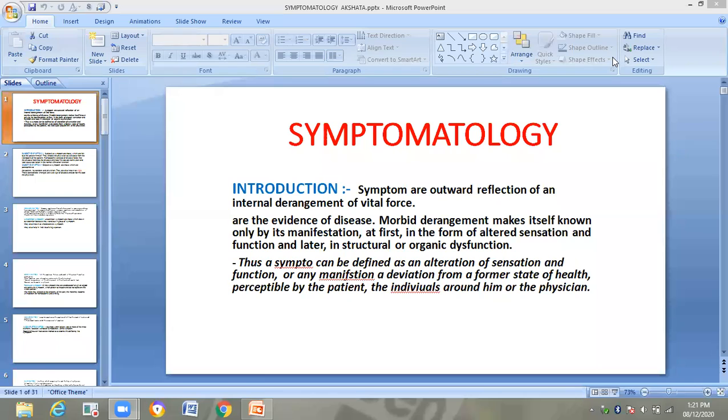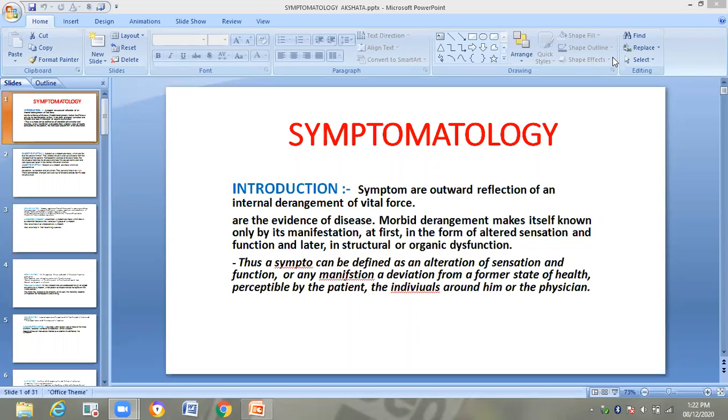So there are some signs and symptoms which appear at the external body parts. So this is called the disease state. So we should know what is health and what is disease. When we know what is disease, then only can we cure the disease. So first, we all should know what is the state of health and what is the state of disease.